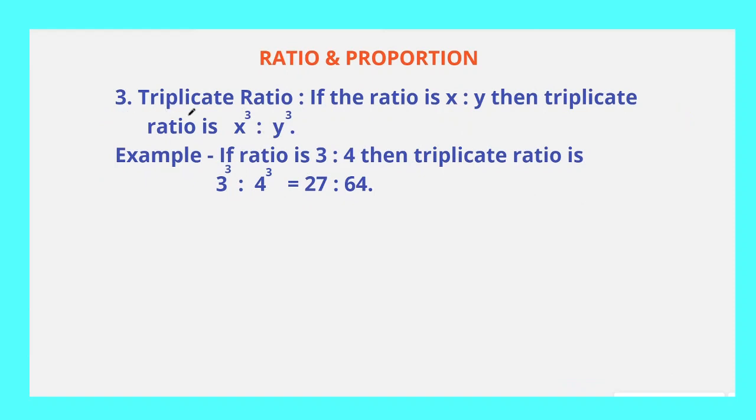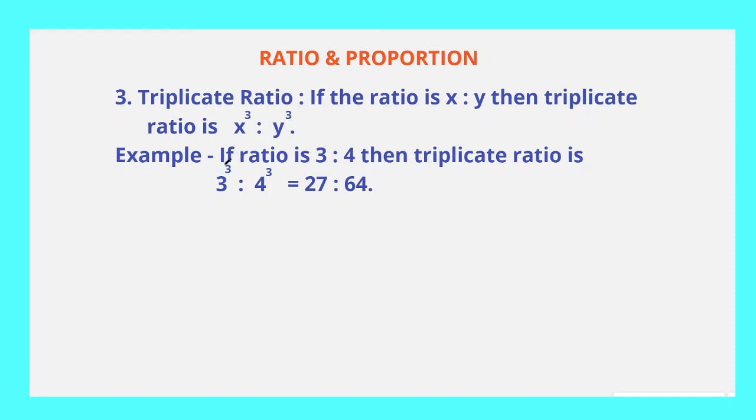Type 3, triplicate ratio. If the ratio is x ratio y, then triplicate ratio is x to the power 3 ratio y to the power 3, or x cube ratio y cube.